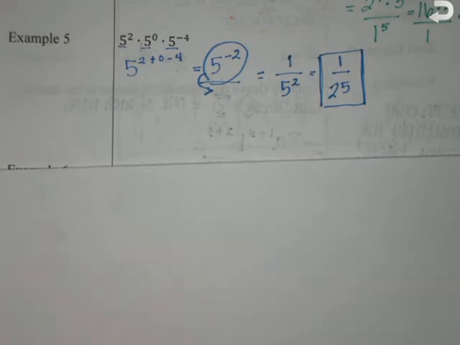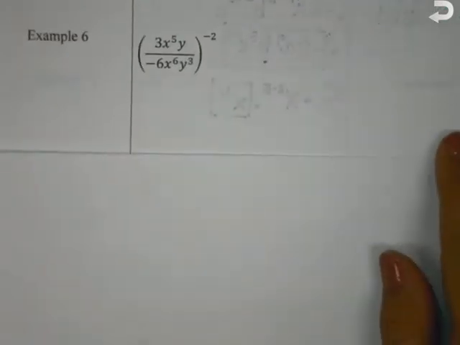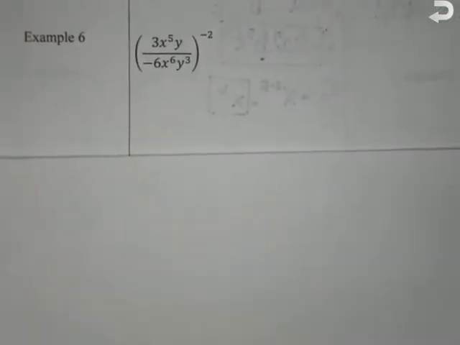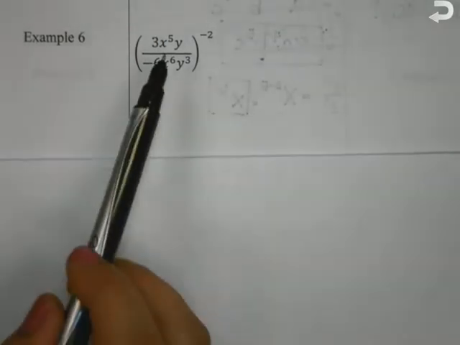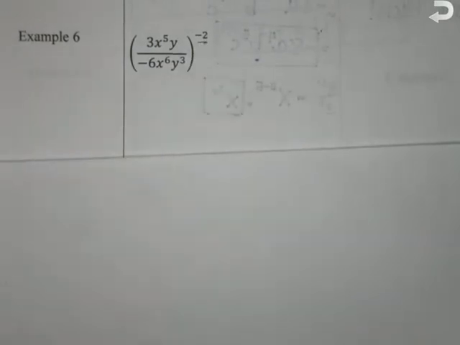3x to the 5th, y over negative 6x to the 6th, y to the 3rd. Okay, so once again, I want to actually do as much as we can before we worry about that negative 2. Everything in here can be simplified a little bit, so why don't we simplify it first?